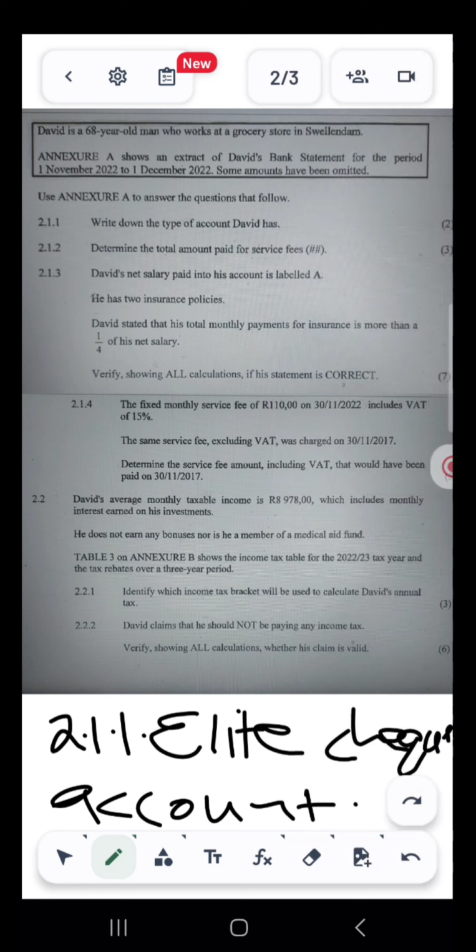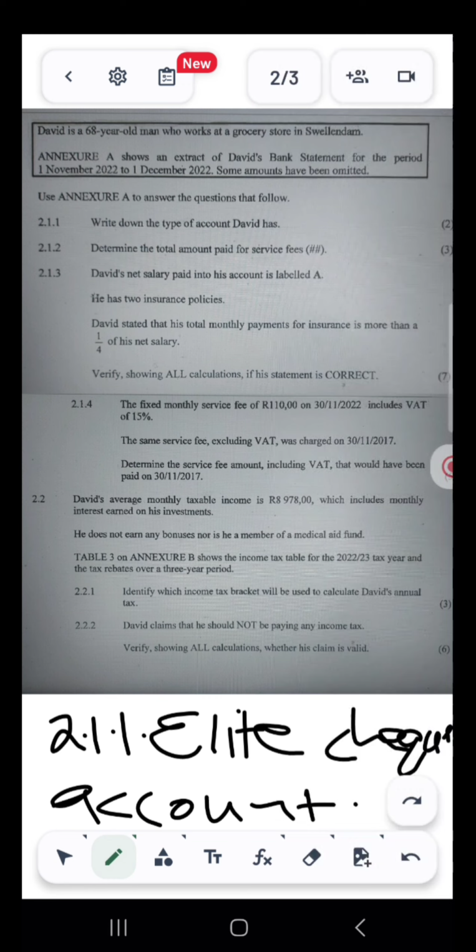So David uyasho ukuthi mina ngibhadala more than 25% yesalary yami kuma insurance, which is crazy, right? Verify, showing all calculations, if his statement is true. So ustate kuphi kule slip sakhe lesi ukuthi ama insurance they take more than 25%.